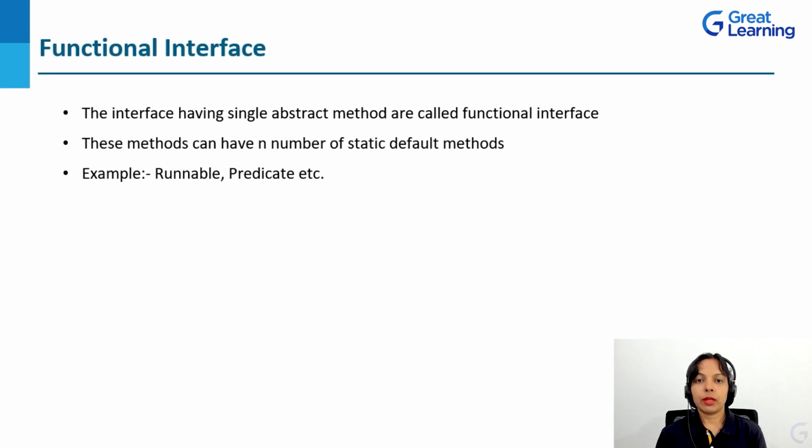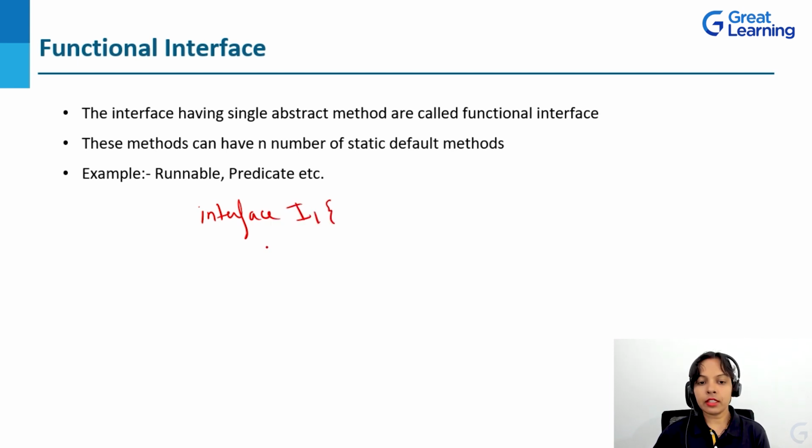Normally in Java programming, an interface has abstract methods defined inside it. But if an interface has only a single public and abstract method, then it is called a functional interface. It can have n number of static methods and n number of default methods. Still, it will be called a functional interface. Suppose, for example, I define an interface here, interface I1.